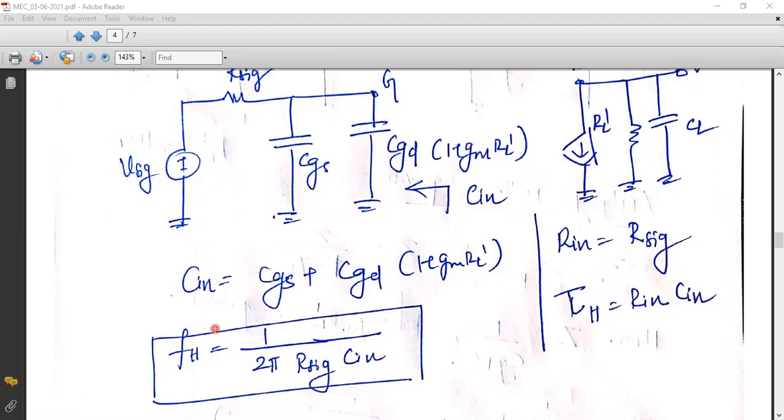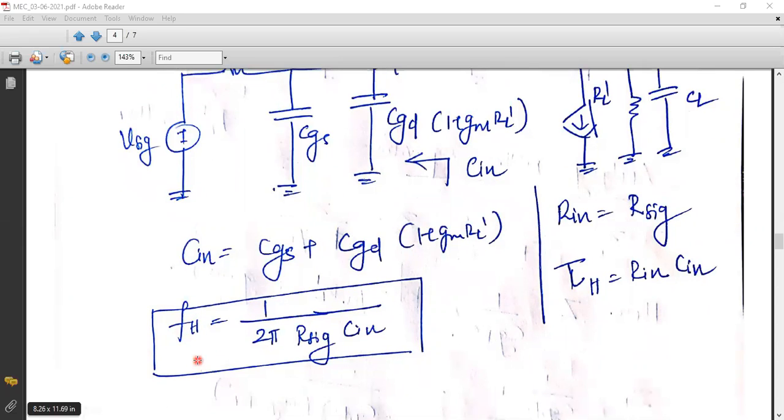Because bridging capacitance is the main problem, because we won't be able to see any physical resistance connecting across a capacitance. So it is very hard to find the equivalent resistance across those two terminals if you are going through some circuit analysis. So in order to avoid that problem, simply we have come up with an equation, and by using this equation we can find the cutoff frequency Fh.